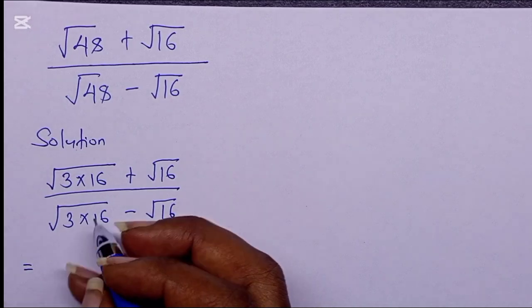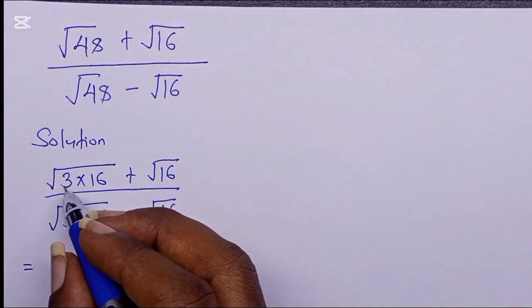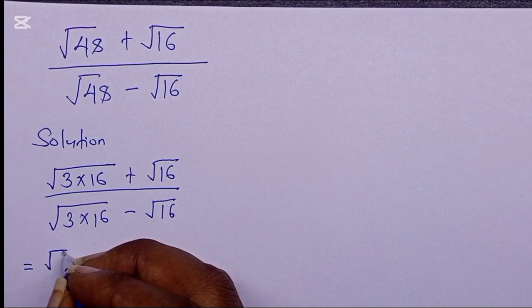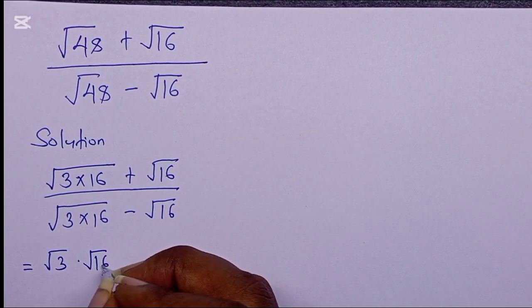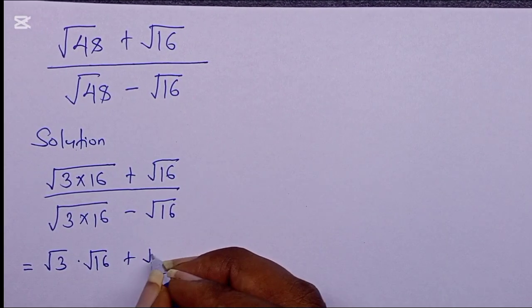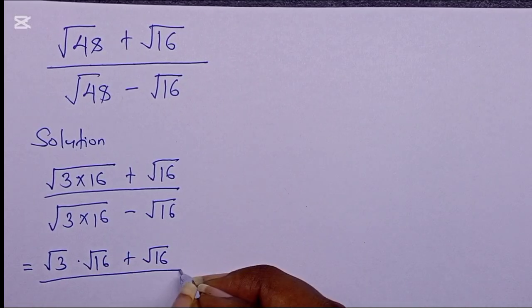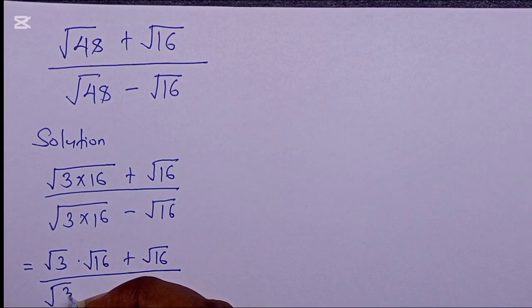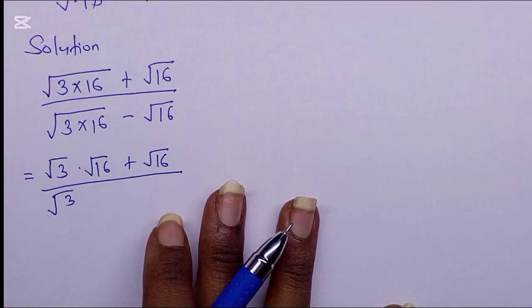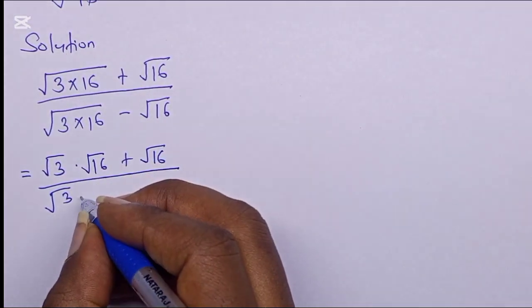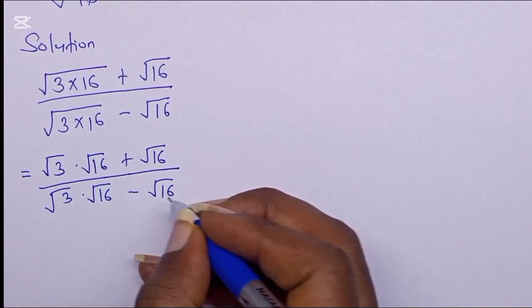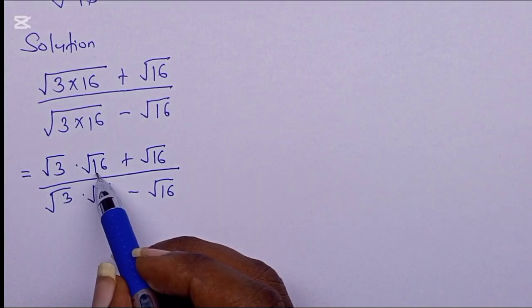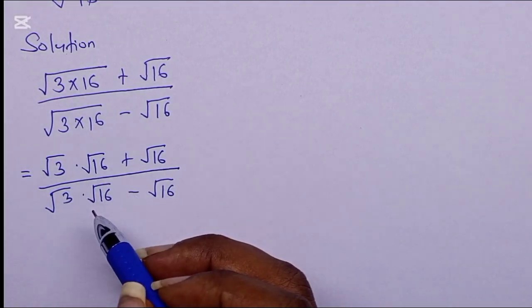So this gives us, we separate the two. We have root of 3 times root of 16 plus root of 16 divided by root of 3 times root of 16 minus root of 16. So as we can see, root of 16 is common, so we factor it out.